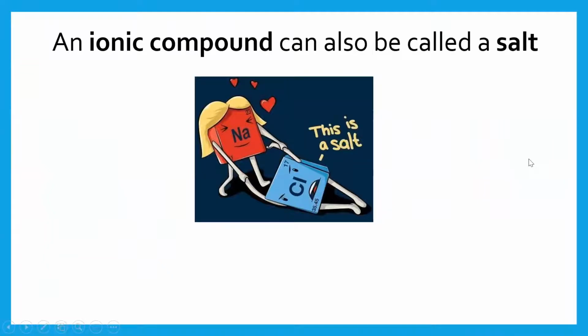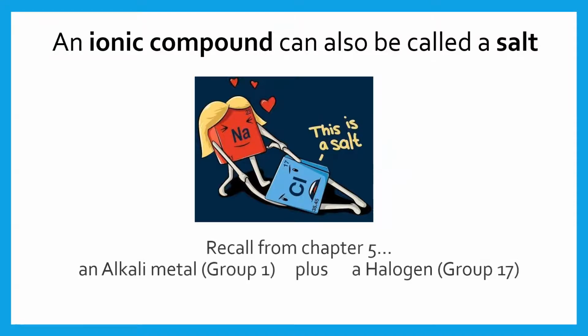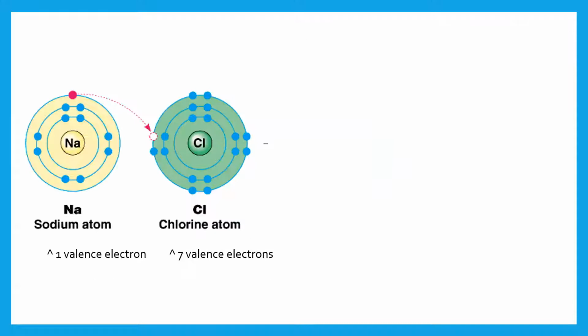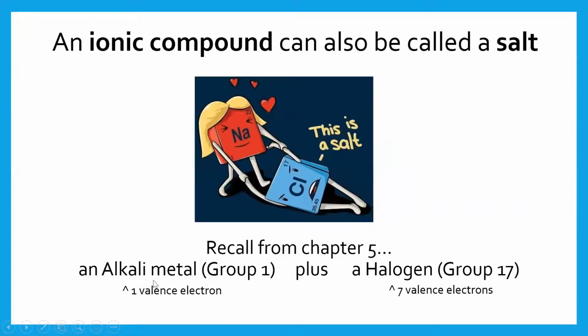Remember back to chapter 5, we also said that if you have a group 1 or 2 metal reacting or bonding with a group 17 nonmetal, it forms an ionic compound called a salt. That's because group 1 metals, most likely, you can have a group 2 metal, but it's a little bit trickier.